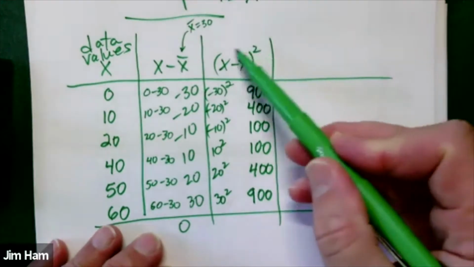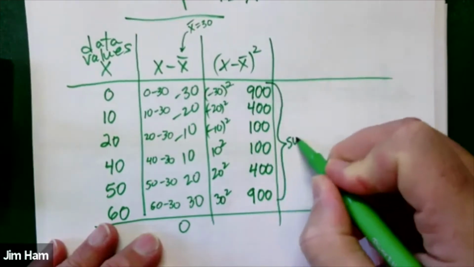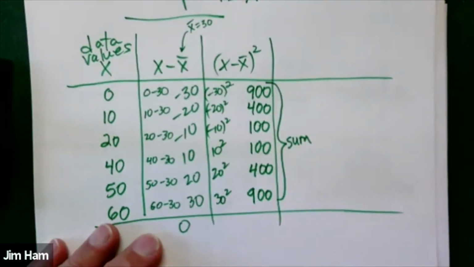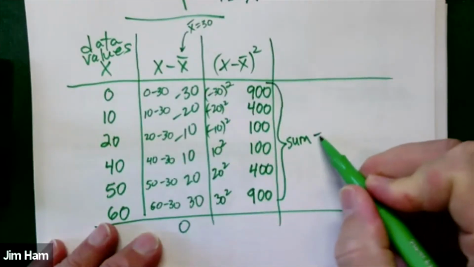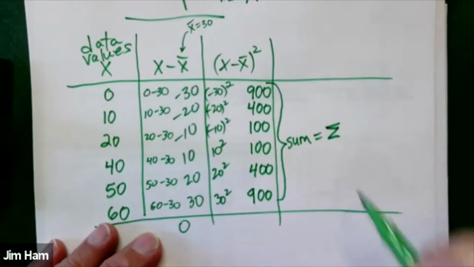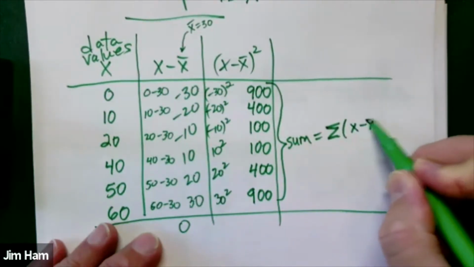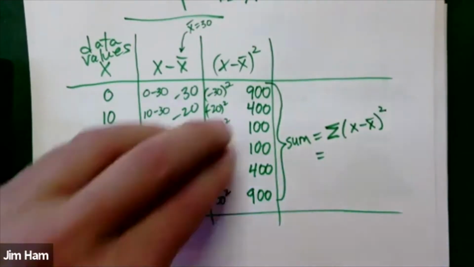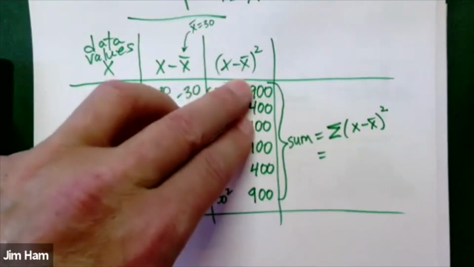All right. Now, what we're going to do is take the sum of the numbers in this column. The numbers in this column would be the sum of all the x minus x bar squareds. And again, this is one where you can do it in your head. 100 plus 900 is 1,000.